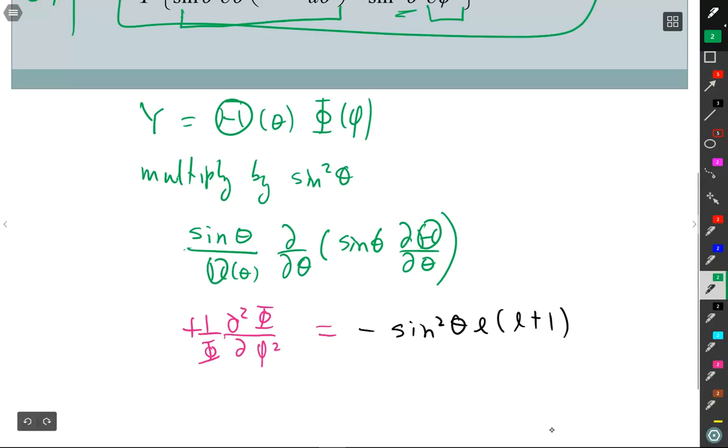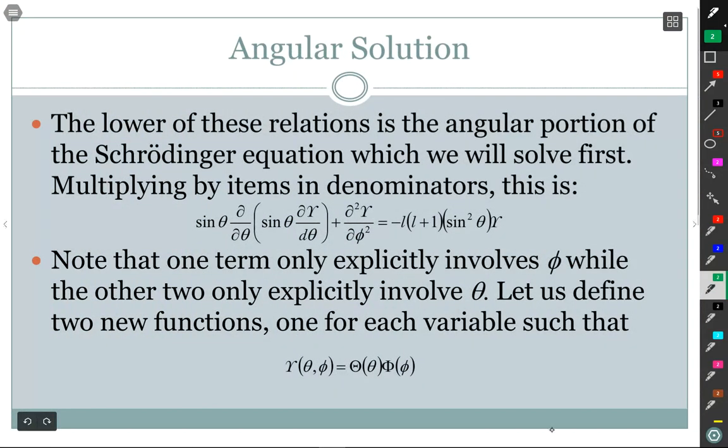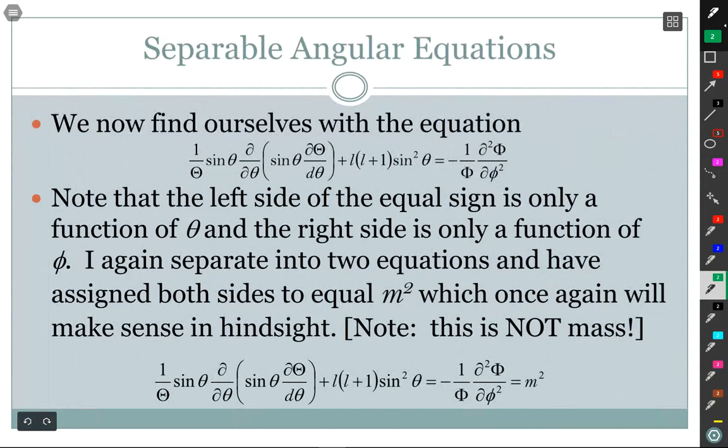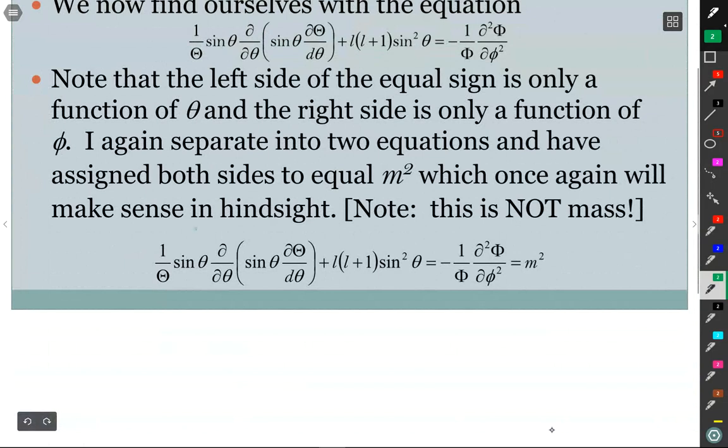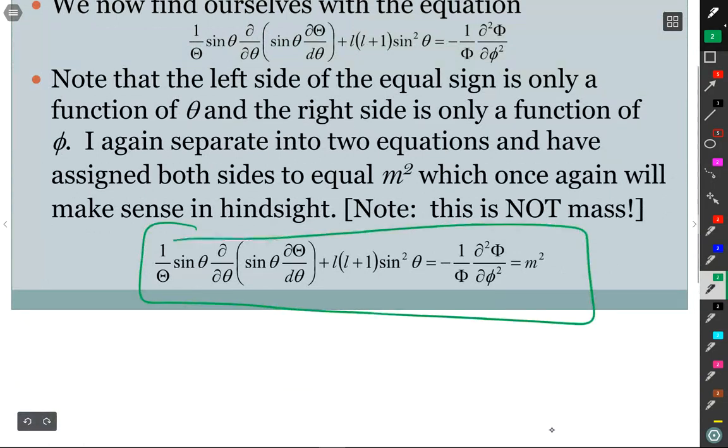So let's just go ahead and move this over here. So we're going to have this one's positive, the other side's negative. And that gives us, well, we've already gotten to this point. Gives us this. Actually, move the minus sign to the opposite side. And we set this equal to m squared. Why m squared?